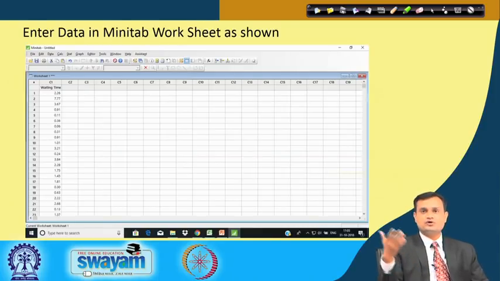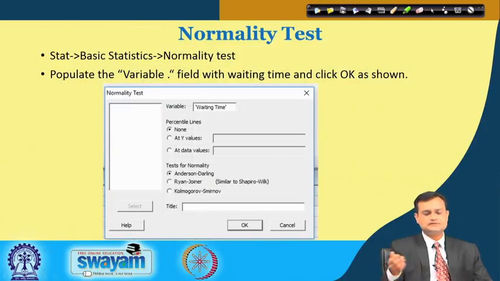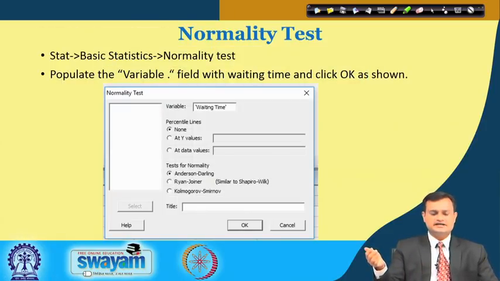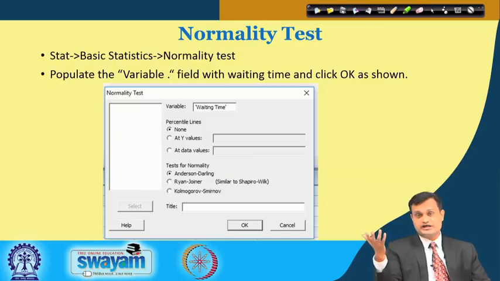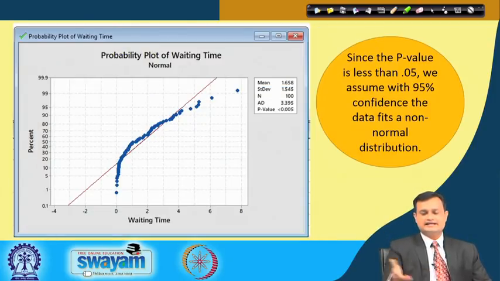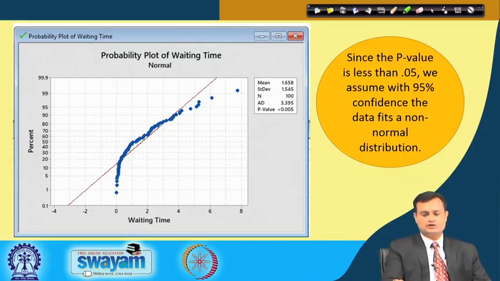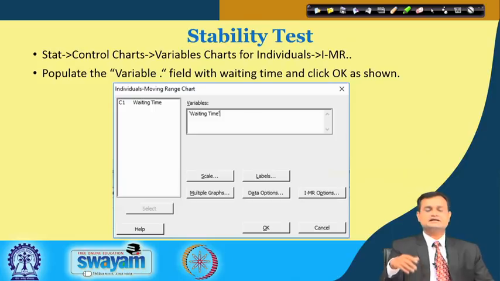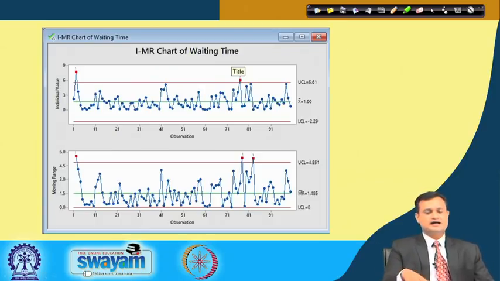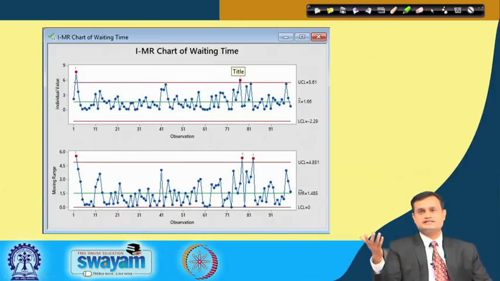So open this window, enter the data, choose the normality test. First let me check whether my data is normal or not normal. I will get this probability plot, and clearly I can see it is not normal. Then I can check the stability. I will see that a couple of points are falling outside, indicated in red.